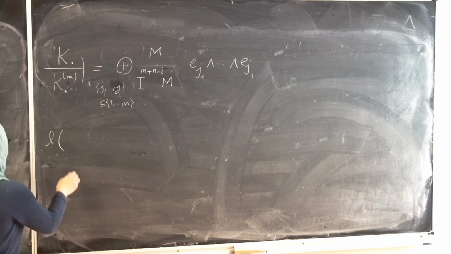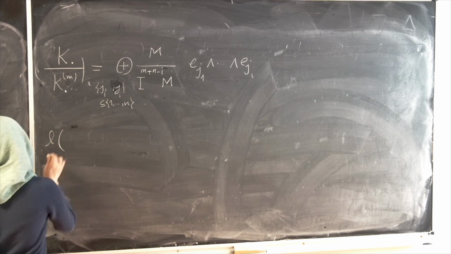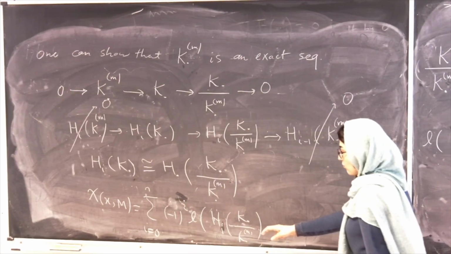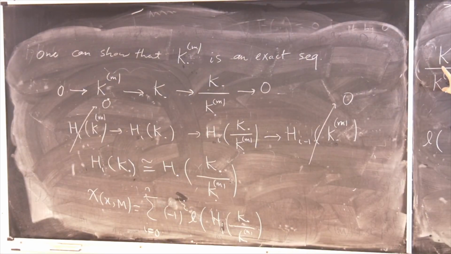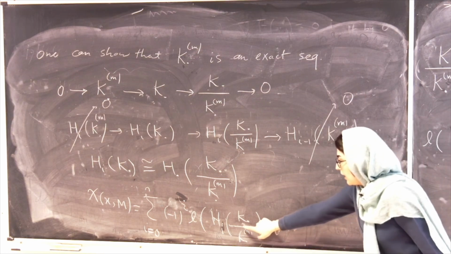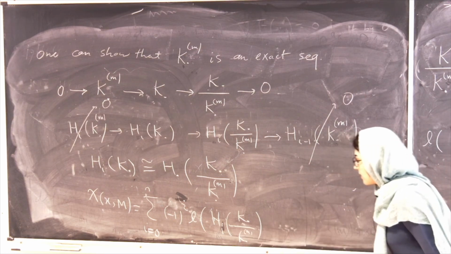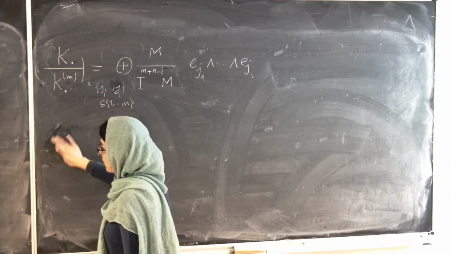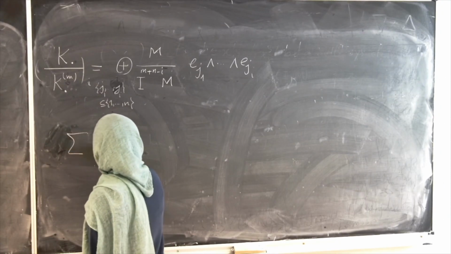So the length of it can be easily seen, when this has finite lengths, the length of the homologies is the same as the alternating sum of the, okay, let's write it down more carefully.